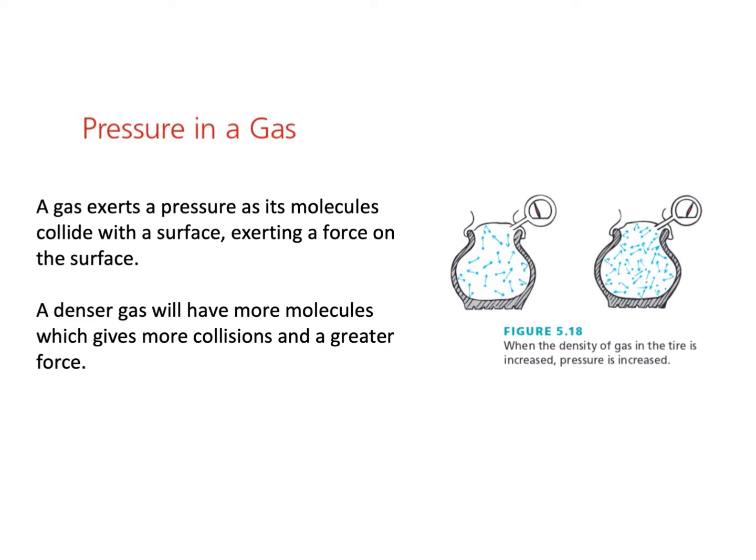So here we have a picture showing a container that's got a gas in it, and there's a little gauge here showing the pressure. The atoms and molecules of gas are basically flying around in the container, and when they strike the walls, they hit the walls and they rebound. And we know that the walls of the container must apply an impulse to the molecules to make them change direction.